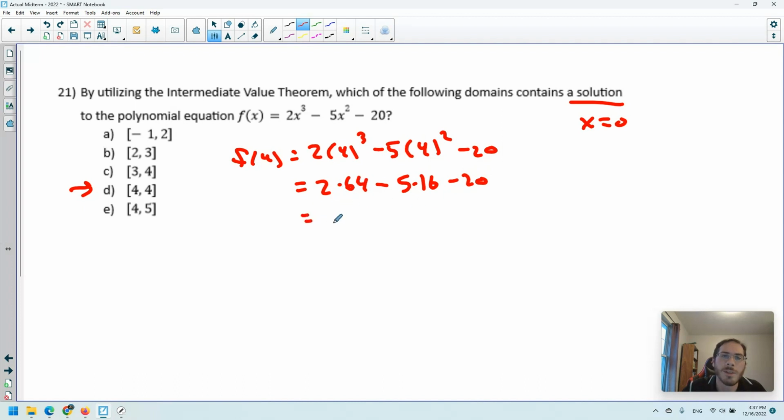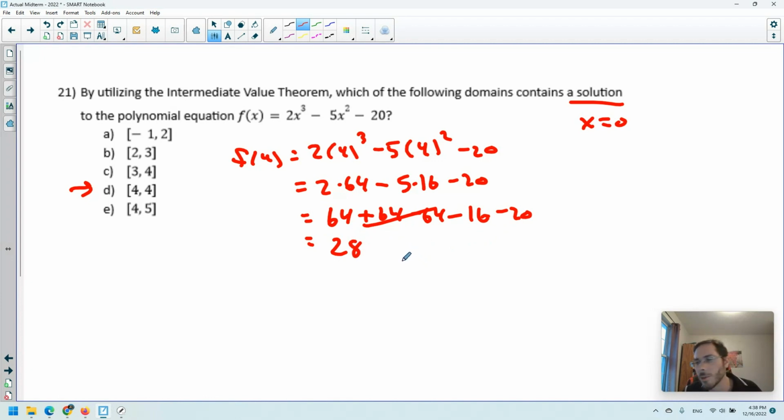We're going to split that up into 64 plus 64, minus 64, minus 16, minus 20. The 64s cancel. 16 and 20 is 36. That's the best way. 44, 34, 28.